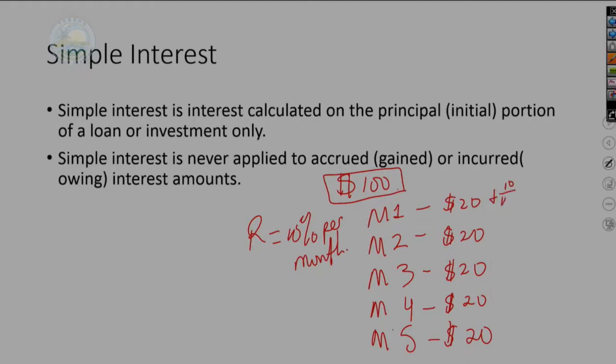So 10% of 100 is $10. So it means that we have to pay an additional $10 as interest per month. So in all, we end up paying $30 a month. Similarly here, because for simple interest, it's based on the principal, it will be another $30 here. And similarly, coming down, we end up paying $30 here.